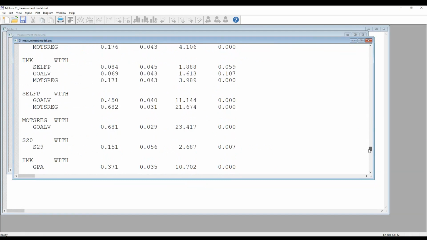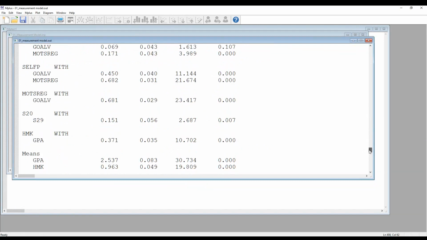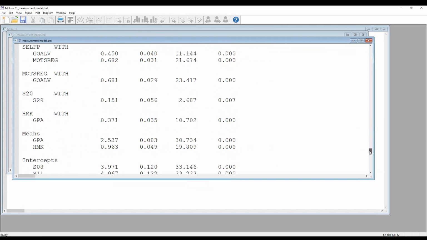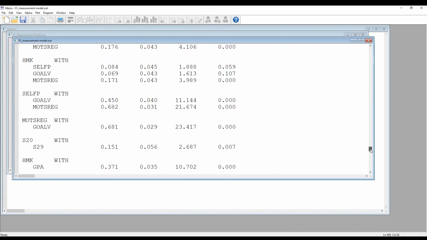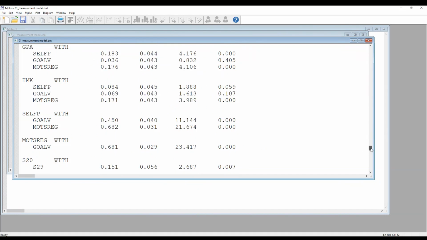Whereas goal valuation, how much you value the goals of school, is actually not statistically significantly correlated with GPA, which is interesting. That correlation is 0.036 and it's not statistically significant. But again, I'm not in the part where I'm doing conceptually omitted paths and all that stuff. I'm just pointing out that here are my correlations.